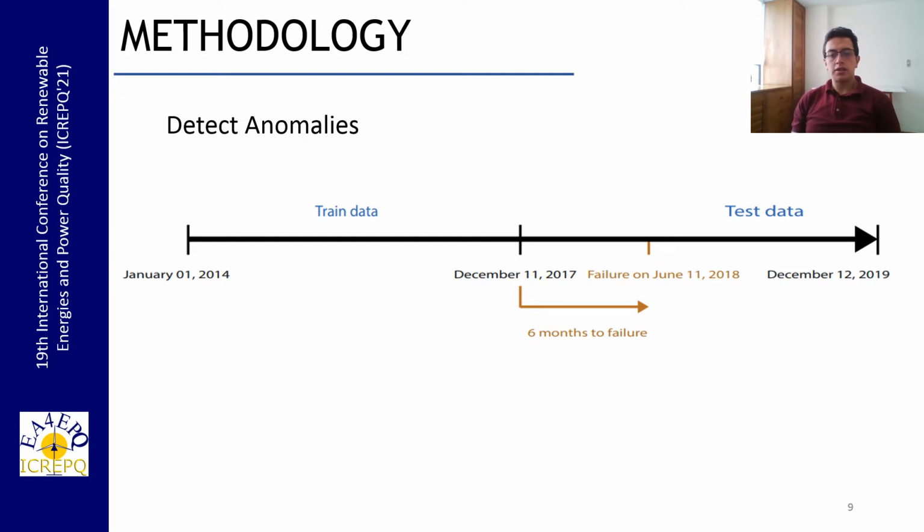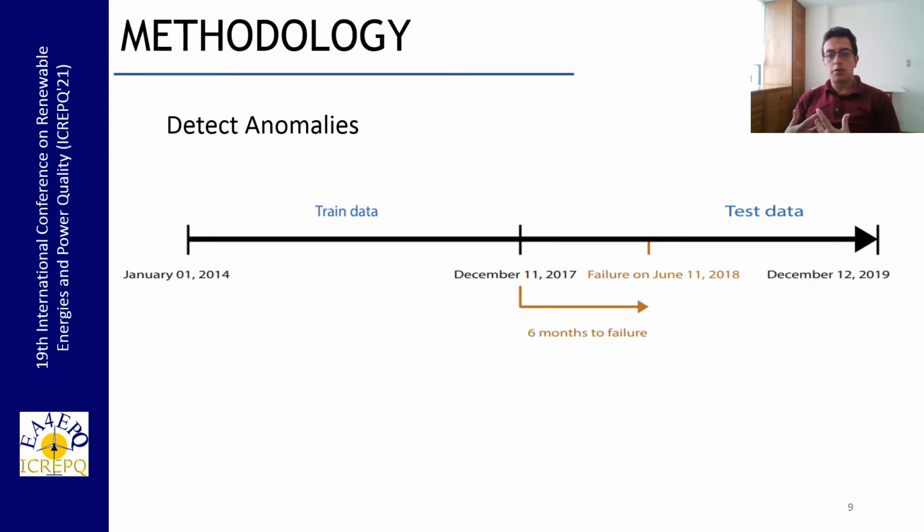And in the test data there are two types of behaviors. One is normal data, but the other is failure behavior, because on June 11, 2018, there is a report of failure in the main bearing.